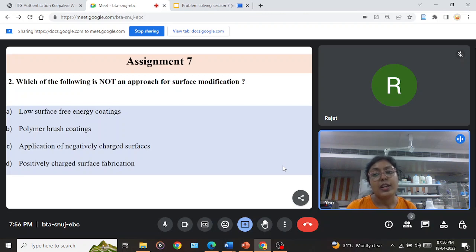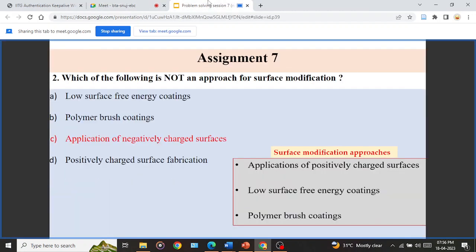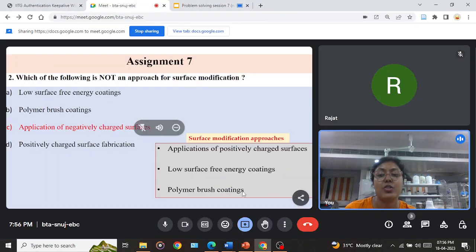Right. So the correct answer to this question would be option C, that is application of negatively charged surfaces. As you can see, surface modification approaches involve application of positively charged surfaces, low surface free energy coatings, and polymer brush coatings.